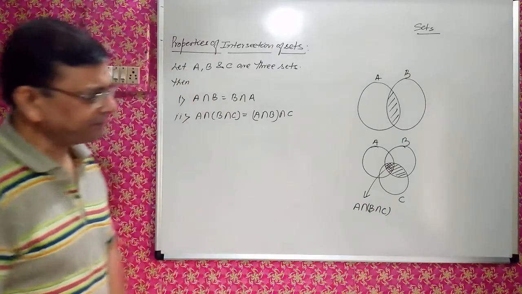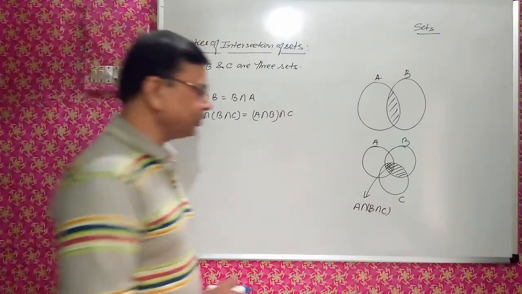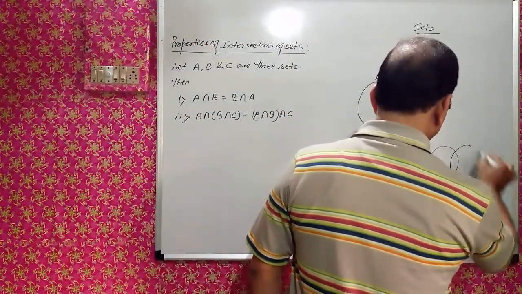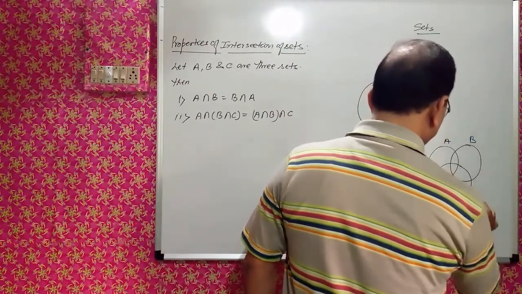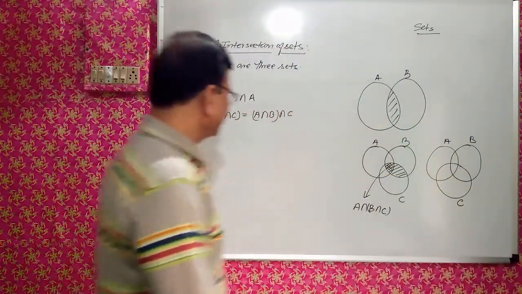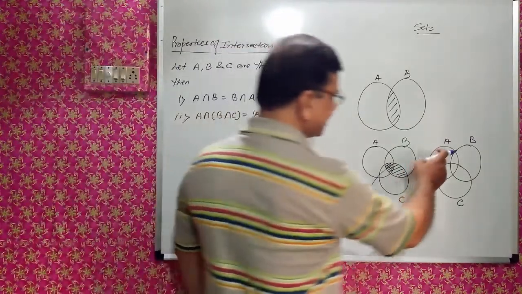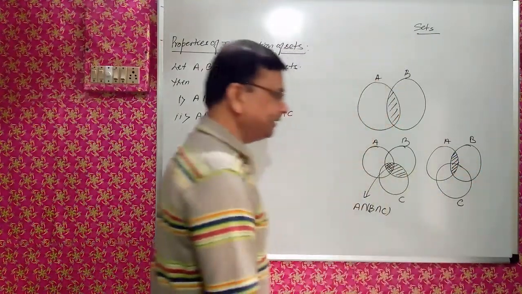This is a stepwise event. If you are finding A intersection B first, so there also it can be done. See, this is A, this is B and this is C. A, B and C. So first you will find the intersection of A and B. Intersection of A and B is this area, isn't it?